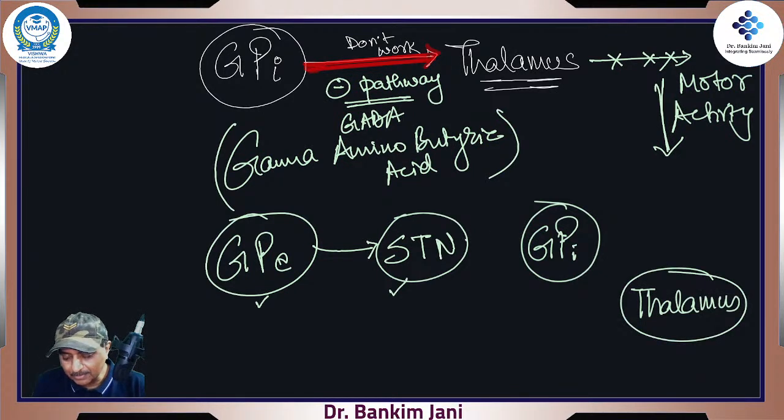So this subthalamic nucleus will inhibit the GPI. Now GPI was already inhibiting thalamus, so this is what is called the inhibition of inhibition.